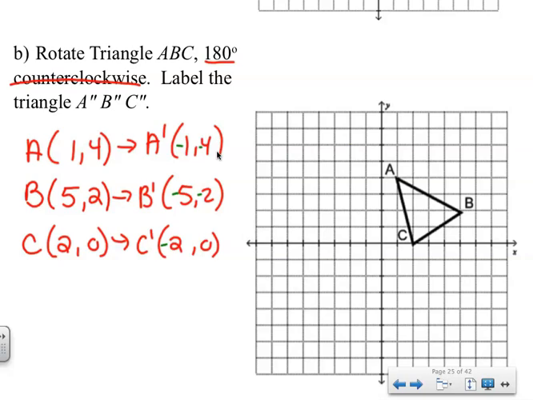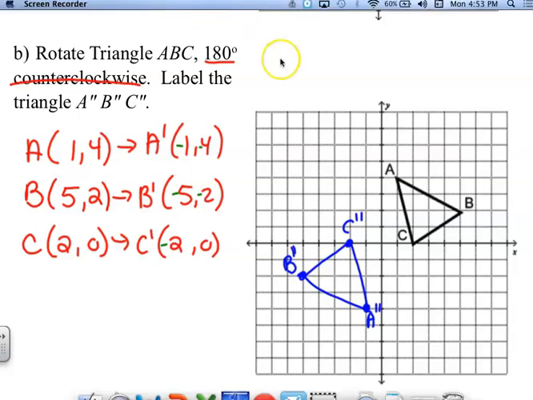So A is at negative 1, 2, 3, 4. A double prime. B is at negative 5, negative 2. And then C is at negative 2, 0. Those should be double primes. Okay? So there is the shape rotated 180 degrees.